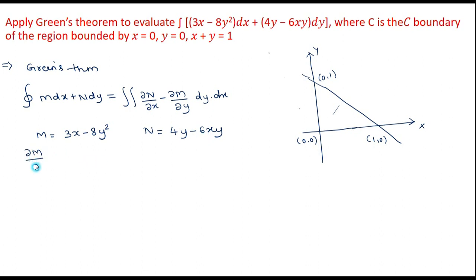Find dou M by dou y. Here 3x gives 0 and the derivative of minus 8y square is minus 16y.